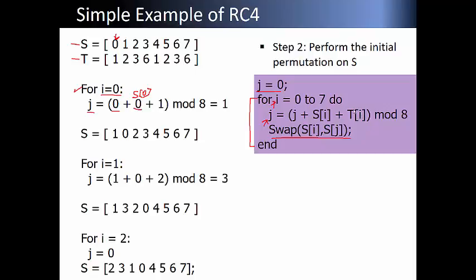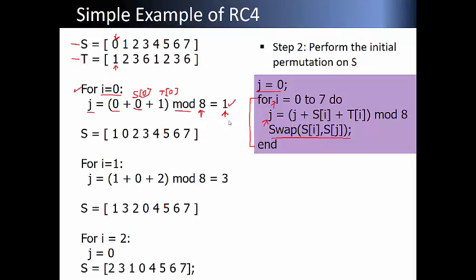And then the last term is T of i. T of i, but i is currently 0, so T of 0. So T of 0 here is 1. So we bring that 1 here. And because the size of the bit here is 8, we take modulo 8. Then 1 modulo 8 is 1. So j is 1 and i is still 0.